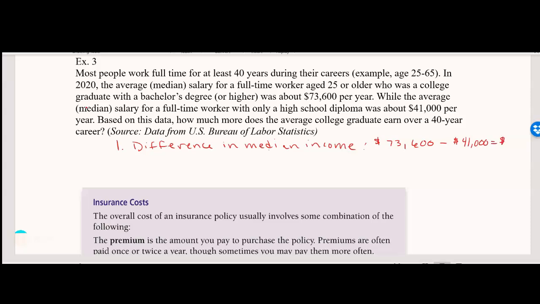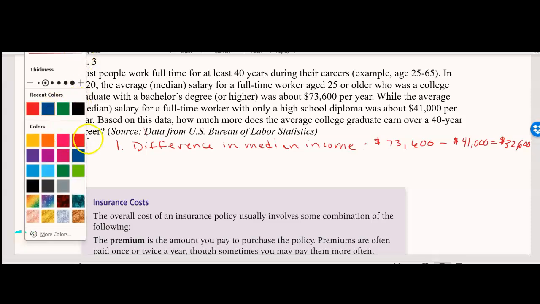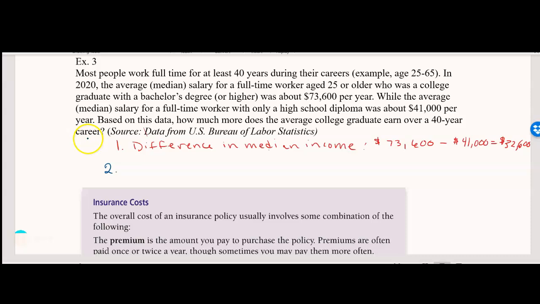Subtract those two and we get 32,600. So the first thing we want to do is find the difference then, because they're asking us how much more is the average college graduate making over a 40-year period. So that would be the first step, because we want to look at the difference.